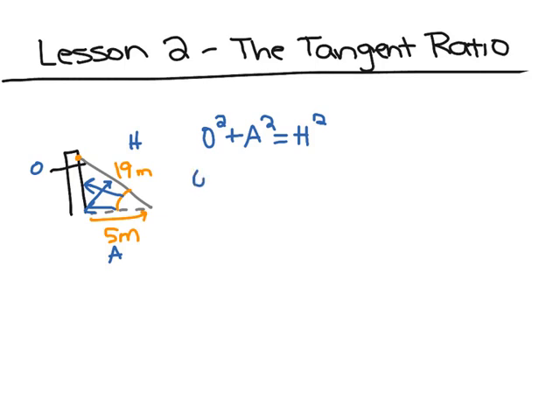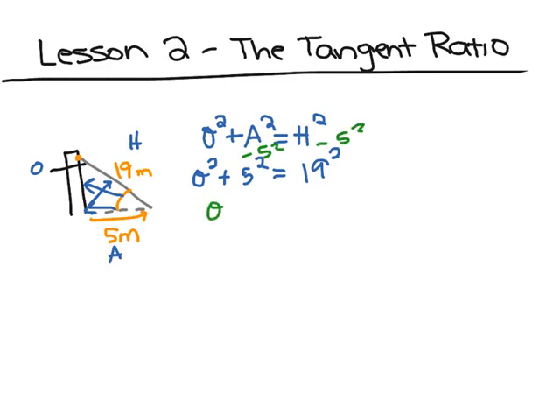So O squared is equal to, let's make a little line so you know that's O, A squared is 5, and is equal to 19 squared. We're going to move the 5, so minus 5 squared from both sides.